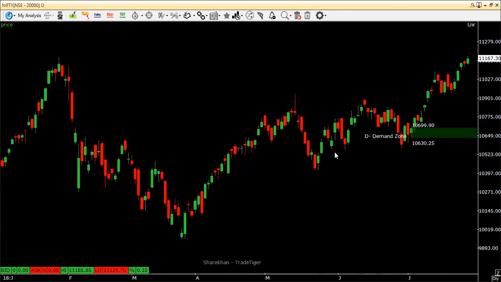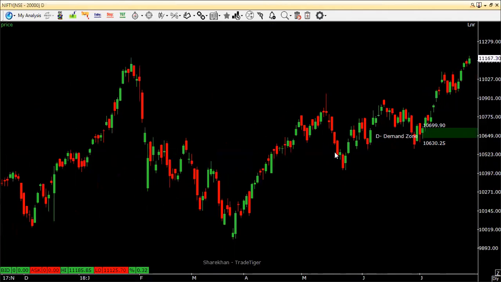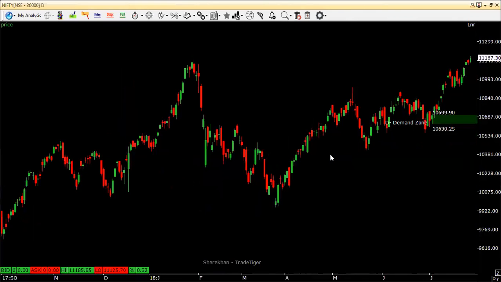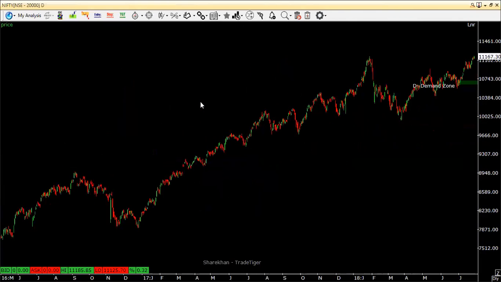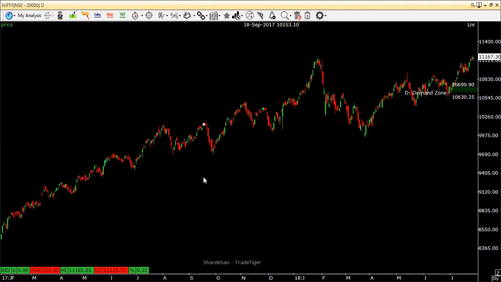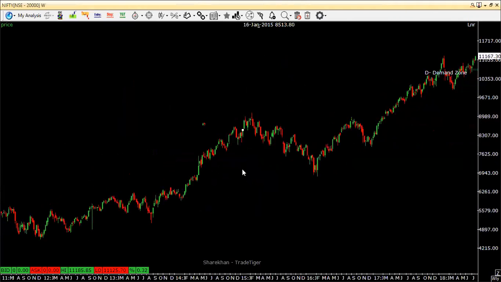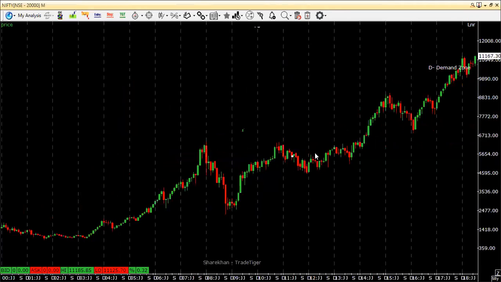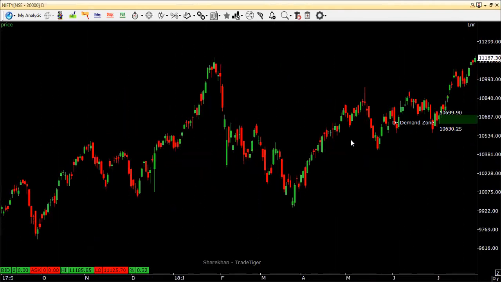So I wouldn't really want to take even long positions in Nifty right now, nor would I want to take short positions. The reason I wouldn't want to go short is because there is no area of supply in the market. Even if I go to a weekly chart or a monthly chart, since we are at historic highs, we don't have any supply.